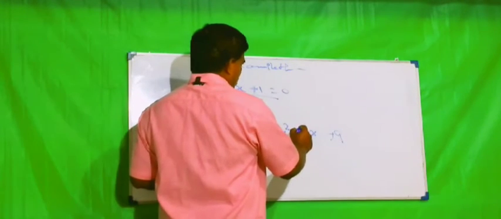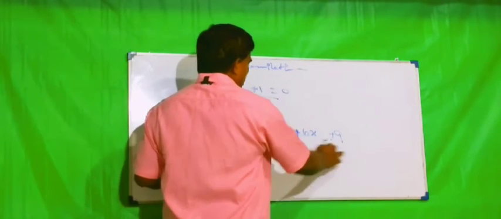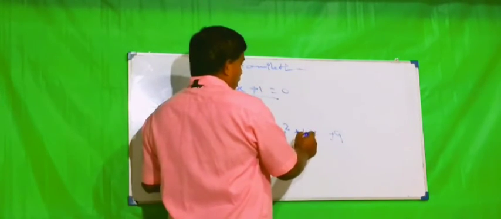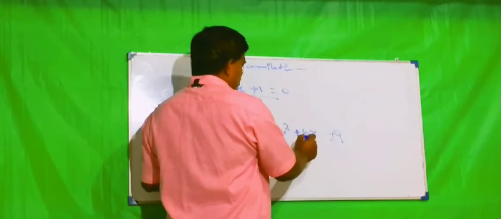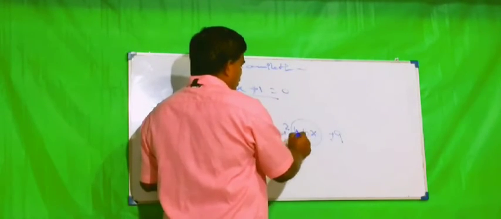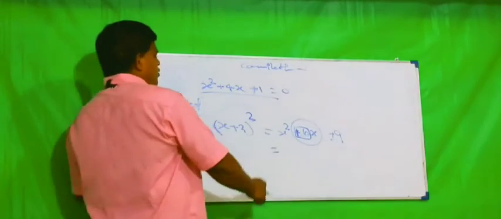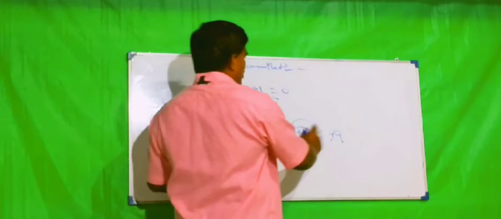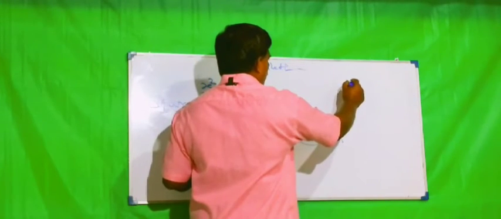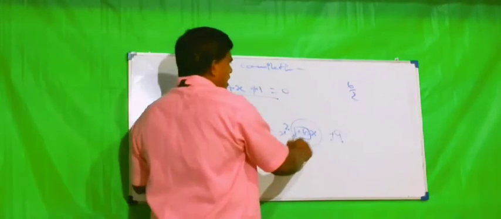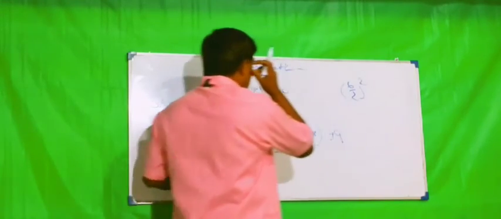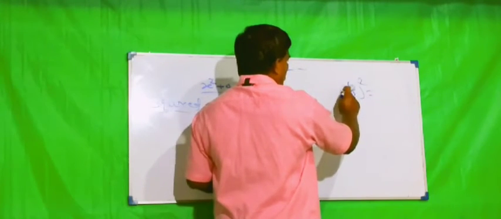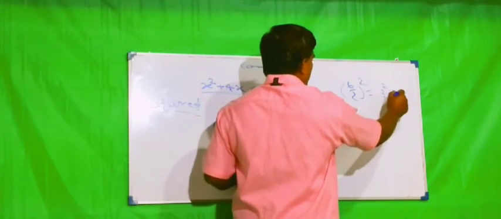So there is a special combination on the right side. Let me show that relationship as follows. Take the coefficient of the midterm in the expansion, which is 6, take half of the coefficient and take the square of it. Then 6 upon 2 is 3, and 3 squared is 9.